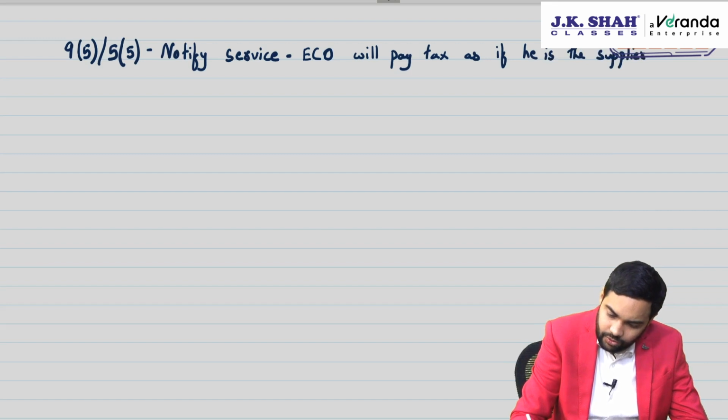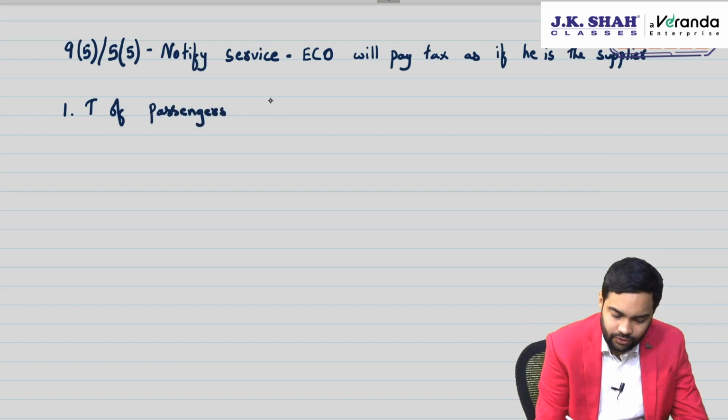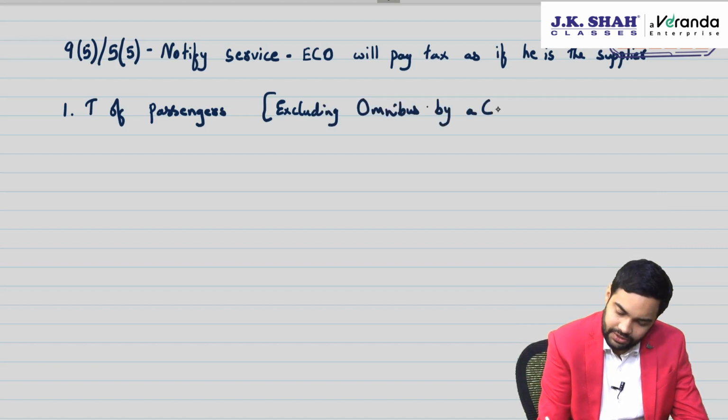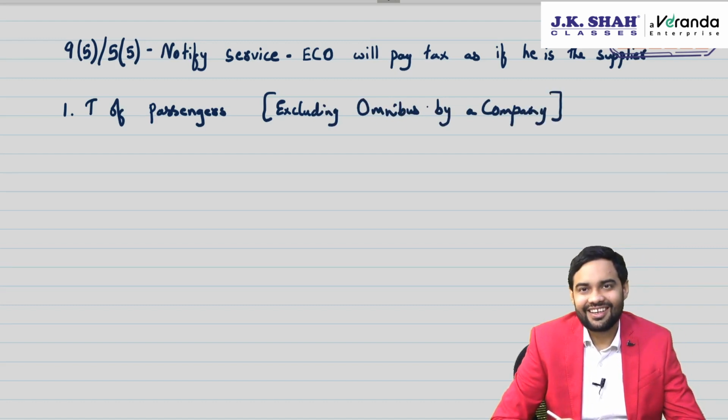Totally there are 4 things which are notified. First one is transportation of passengers. The only exclusion is omnibus by a company. Omnibus by a company. And here body corporate is not used. So LLP, you will not get this. Only omnibus by a company.